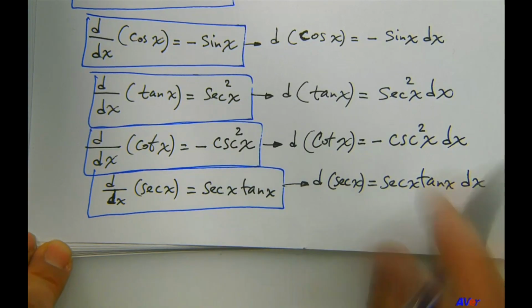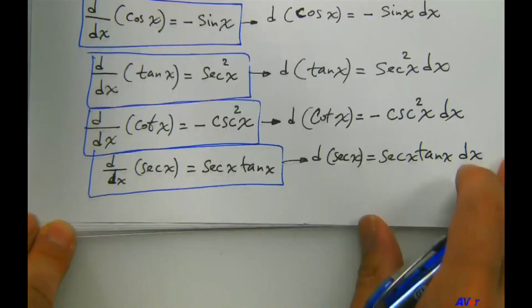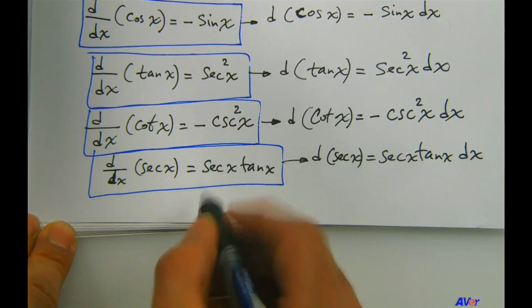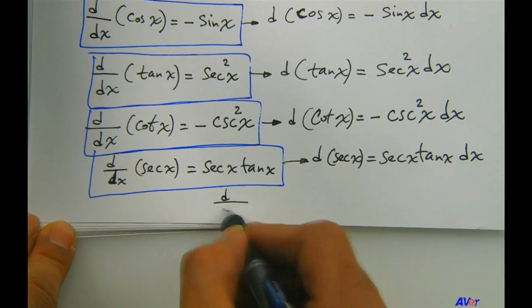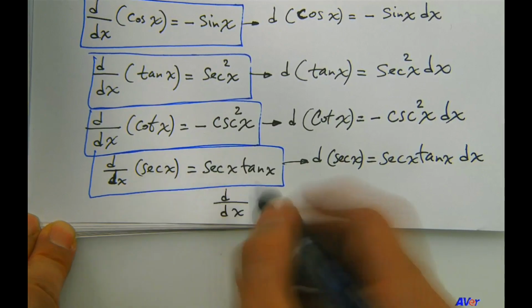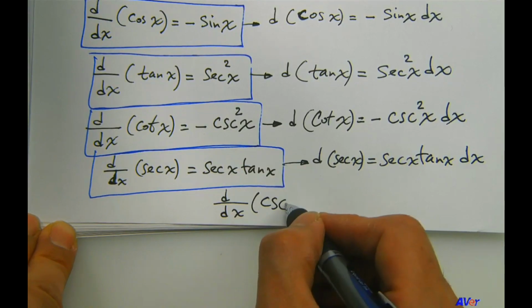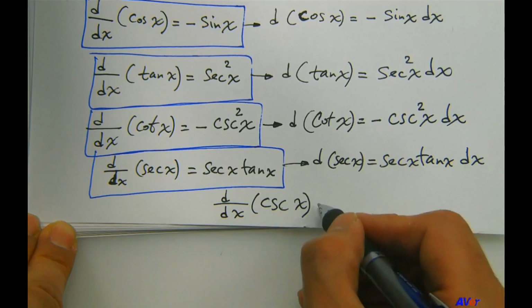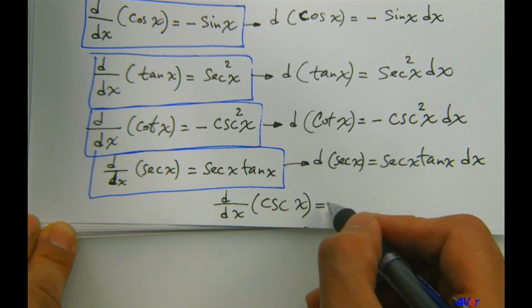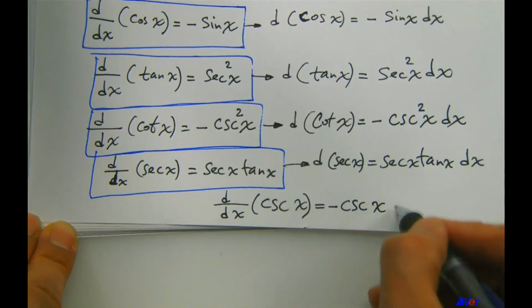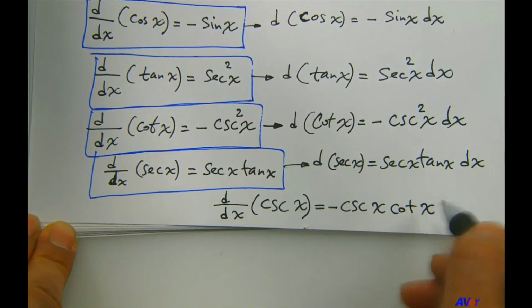Okay, and let me try to squeeze one last trigonometric formula underneath this. So we have the derivative of secant. Let's also talk about the derivative of the cosecant function, like that. And that is equal to minus cosecant of x cotangent x.